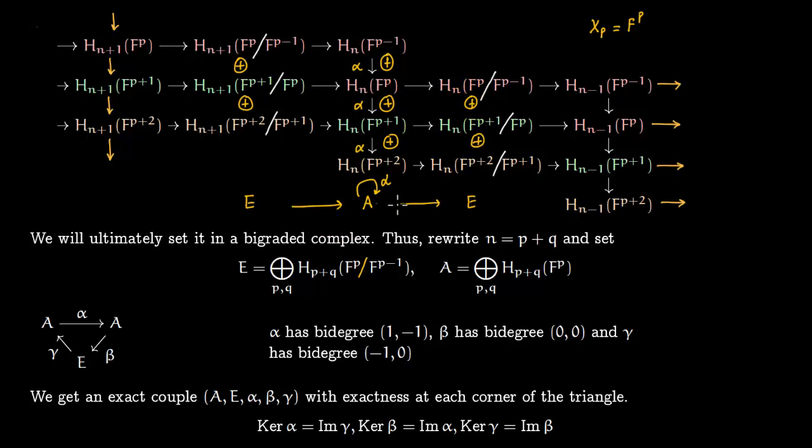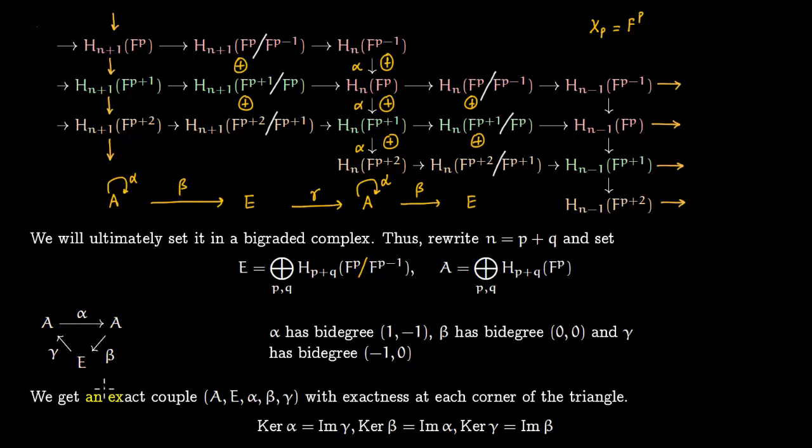From A to E you have beta. From here to here you have map gamma, and then you have alpha. So that's how it is going from A to A. First you apply alpha, then beta, and then gamma, and so on. So you keep going like this. So again you have this map alpha, and then you have beta going to E. So this is how you get this exact triangle.